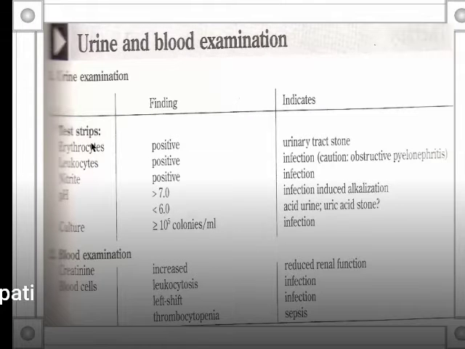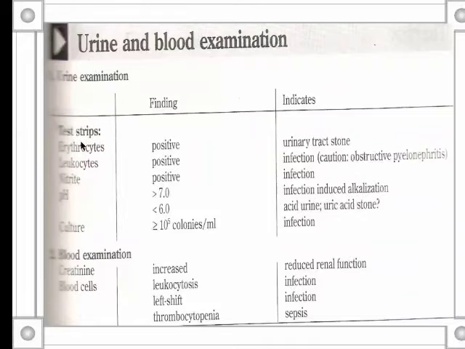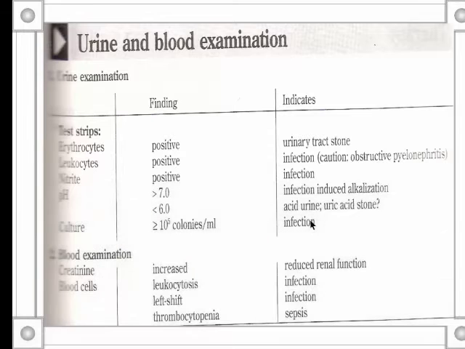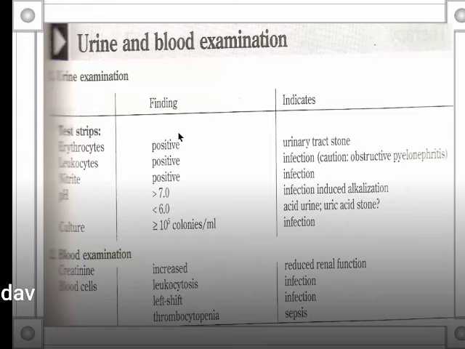You dip these strips in the urine and you will have this much investigation: whether the patient has erythrocytes, leukocytes, nitrites, what the pH is, and if infection, then you do a culture. If the colony count is more than 10 raised to 5 colonies per ml, then the patient has infection. Find out which microbe, and give a specific antimicrobial depending on culture sensitivity.